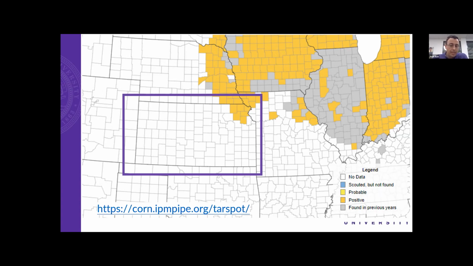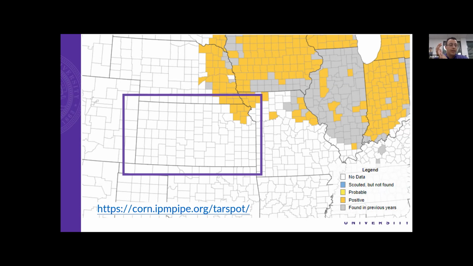In Kansas, it's been reported in the northeast part of the state, in that corner there, which makes sense looking at the distribution of tar spot where it was reported before. When I was there scouting some cornfields, it was interesting because we saw disease from the top of the canopy making its way down.